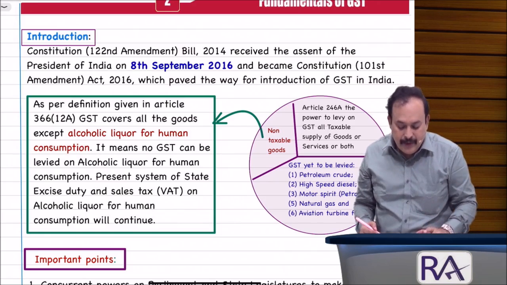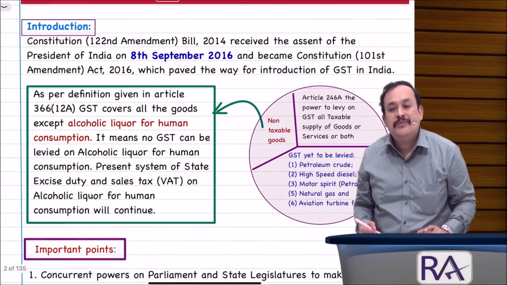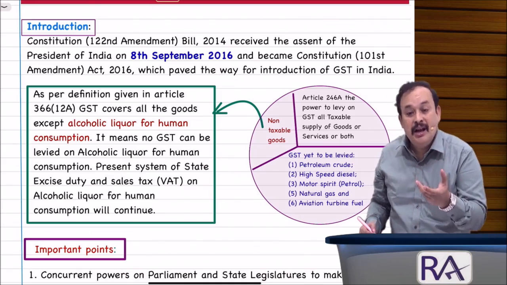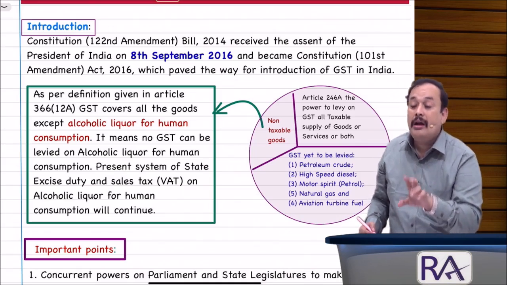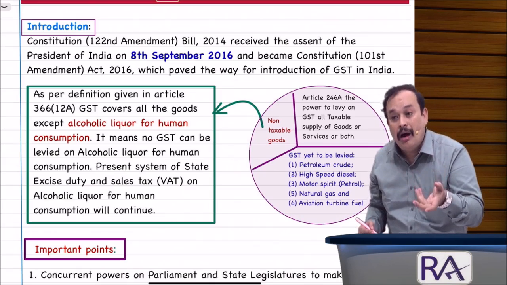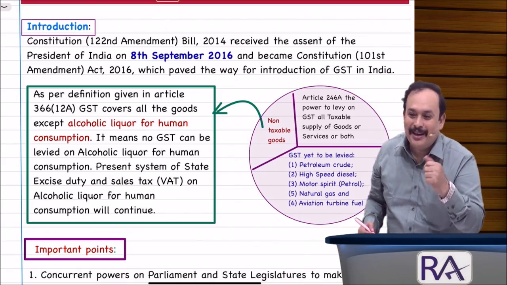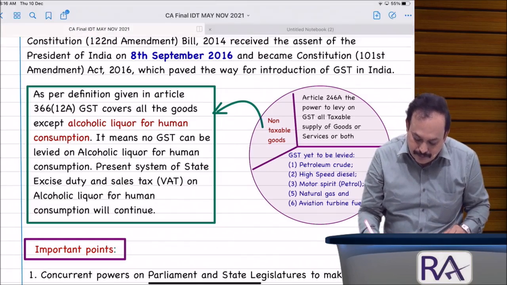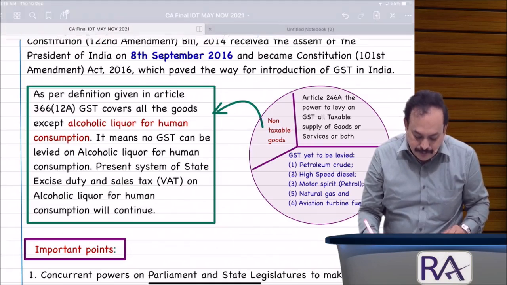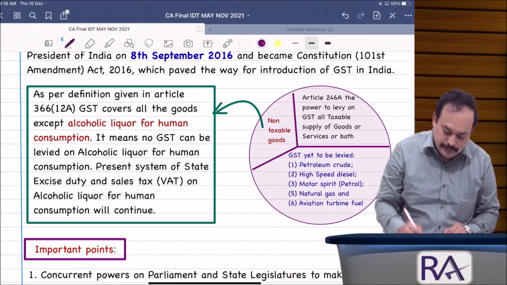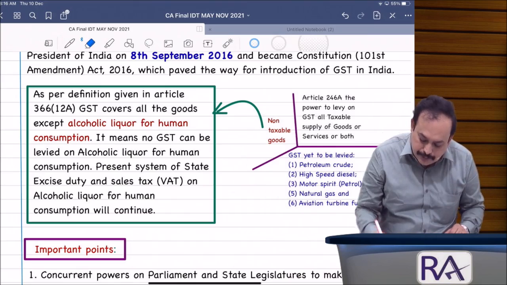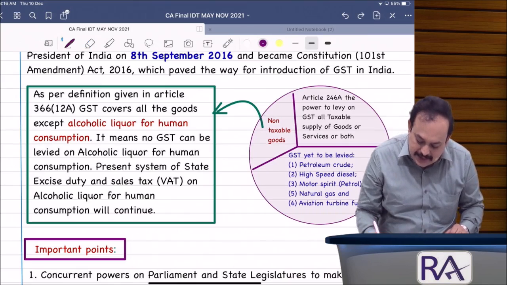Having this, my dear, what this particular 101st Amendment brought into force is to levy the GST on all supply of goods or on all supply of services or on both. Are you getting my point, sir? So here, presenting here, my dear sir, in this area, if you refer, you come across this particular place.